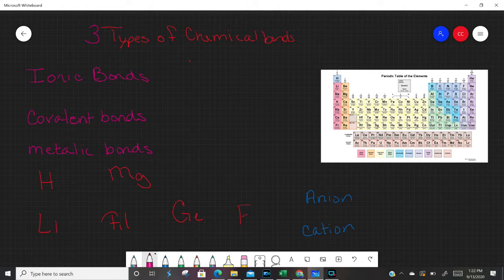Ionic bonds, which are nonmetals bonded to metals. And then we have covalent bonds, which are metals.